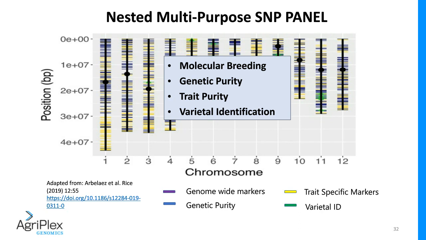So the rice panel is a good example of a nested multi-purpose panel. Some of the SNPs here are uniquely designed to support one specific application, while others can contribute to more than one analysis, as in for example, a marker that is useful in the genomic survey, or at the same time can be part of a smaller subset that will determine genetic purity or varietal ID.